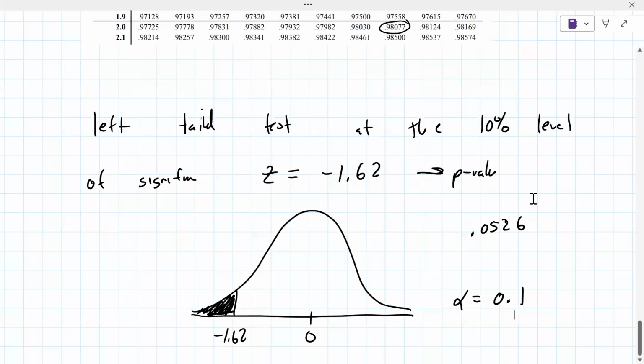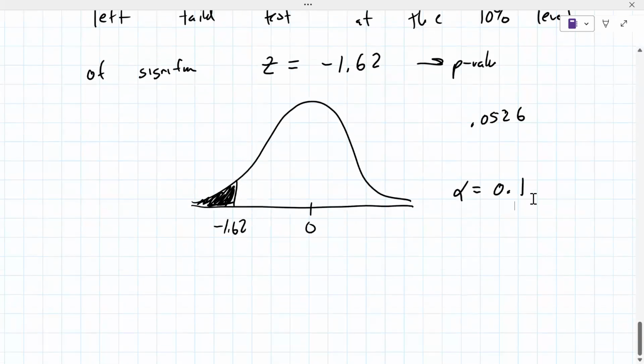So do you reject or fail to reject in this case? So alpha is that. The p-value is less, so reject. Do you reject? Yes. Okay. So now the last type of example here is if it's a two-tailed test.